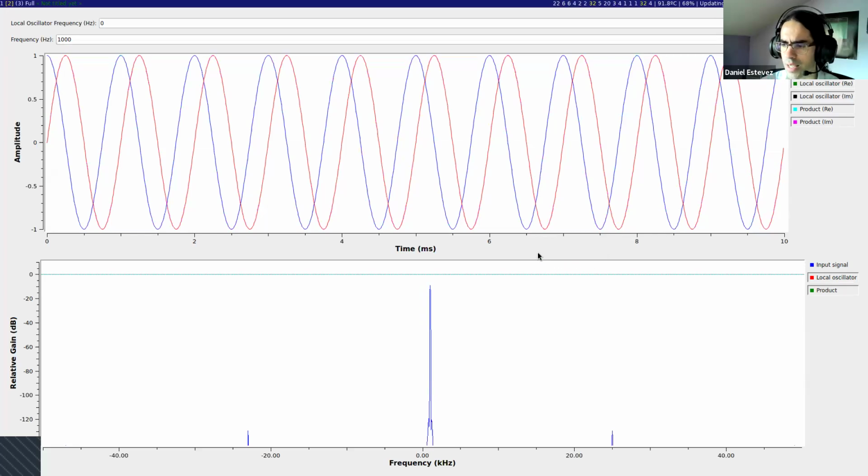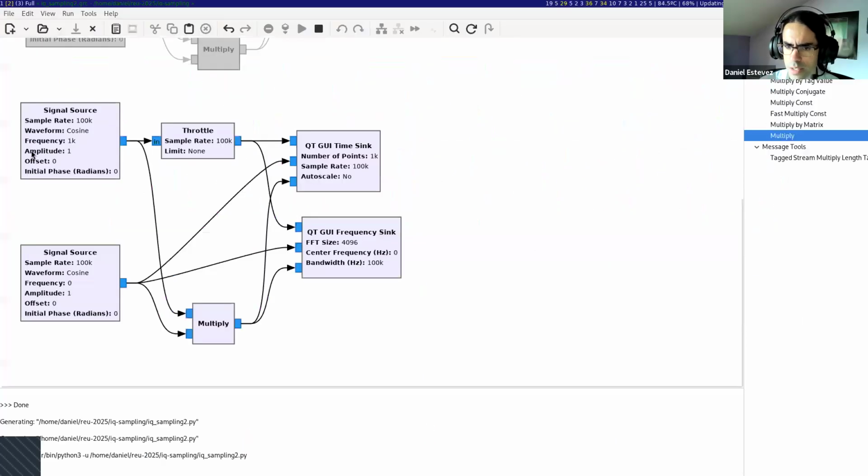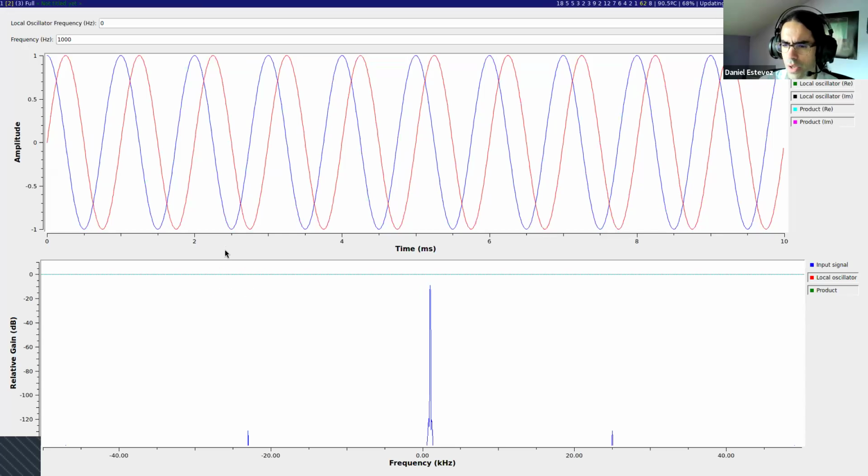So the first thing I should say is what is this complex cosine? This is not really a cosine function. This is a complex exponential of frequency 1 kilohertz. If you have treated with complex exponentials or phasors or polar representation of a complex number before, you know the kind of thing I'm referring to: the exponential of 2 pi i or 2 pi j times the frequency times time.